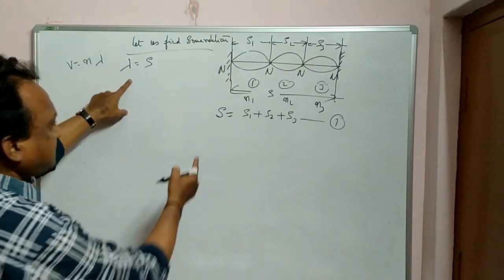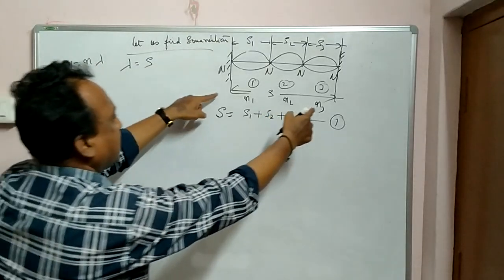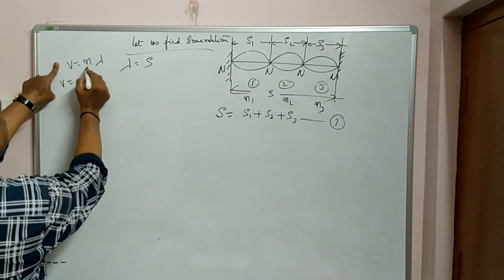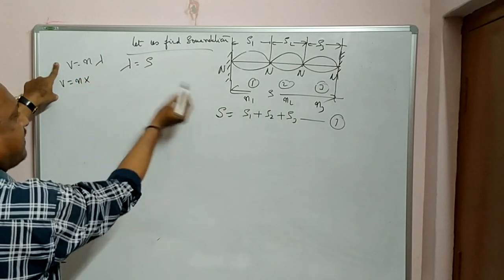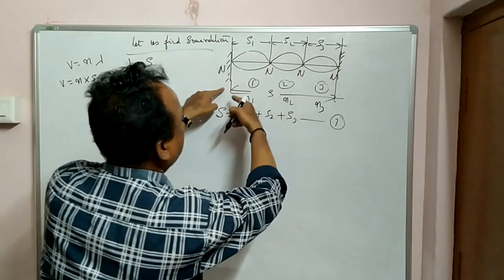Now see here, S is equal to S1 plus S2 plus S3. Now what is S here? The total length, wavelength. So V is equal to n times the total wavelength, where n is the frequency.